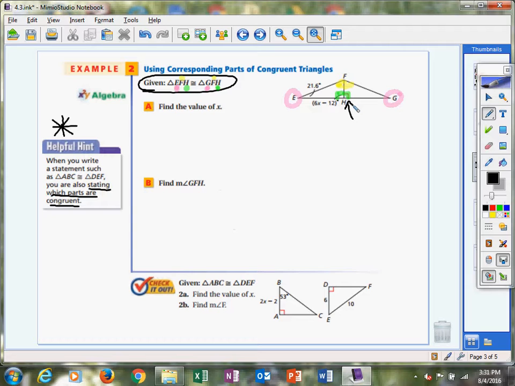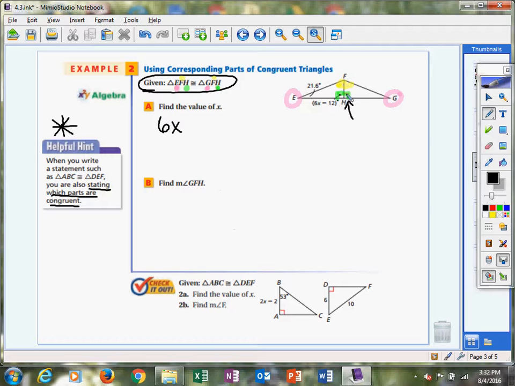Now in step 1, they wanted you to find the value of x. I guess you could do that. I'm not sure that's necessary, but I'll try to explain why I think that's unnecessary. But this is how you would find x. You would go, okay, well, I know that angle H here is congruent to this angle H as well.